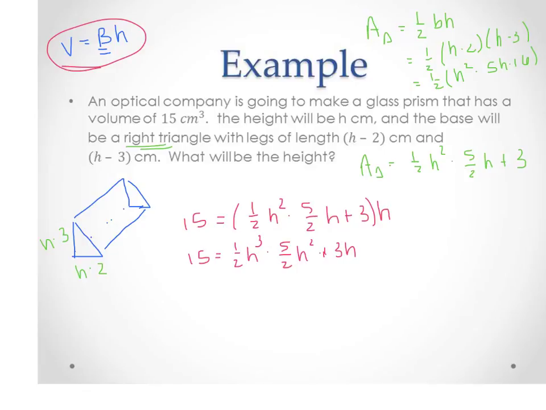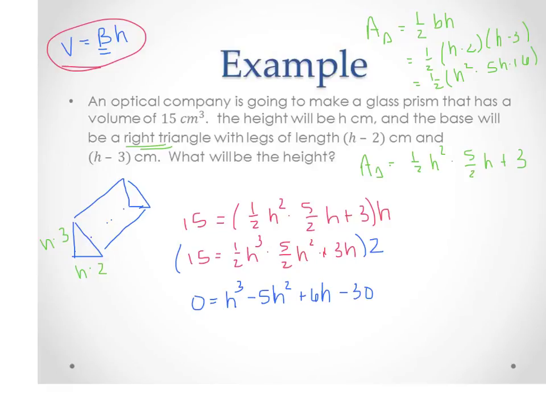We're going to do two steps in one here. We're going to multiply everything by 2, and we're going to bring over the 30 now. Alright, so h cubed minus 5h squared plus 6h minus 30, because I moved that 30 over.